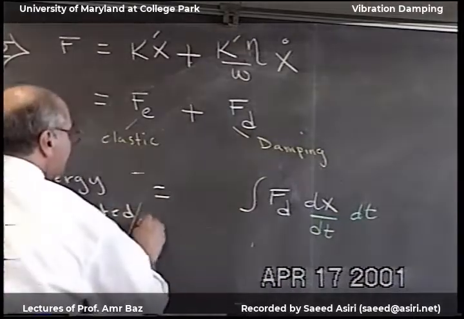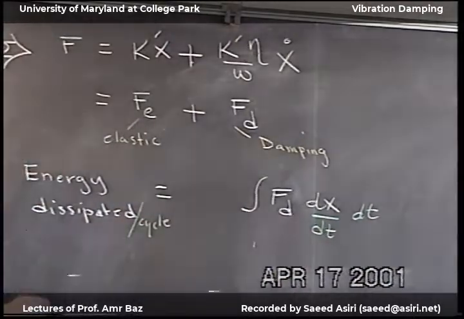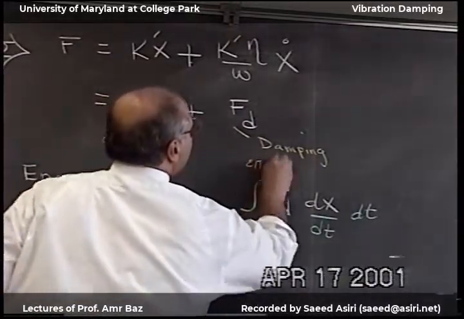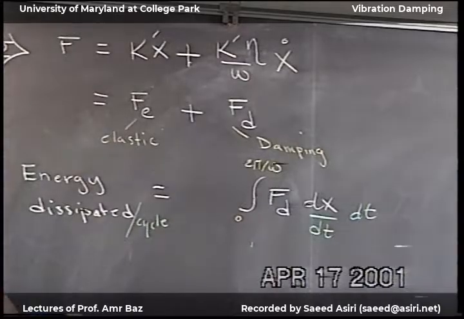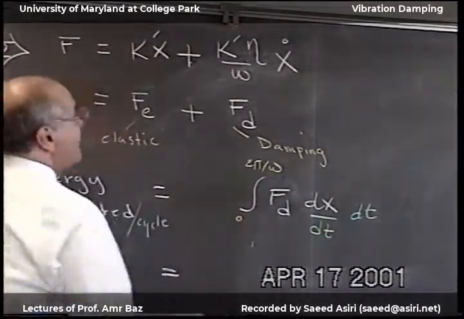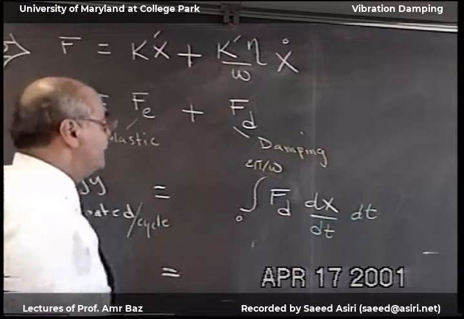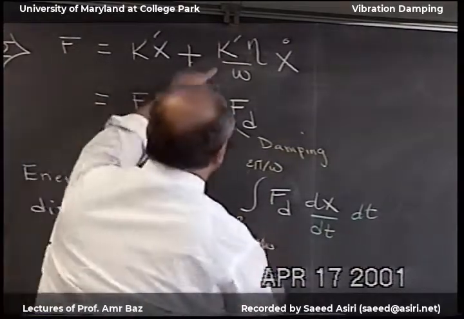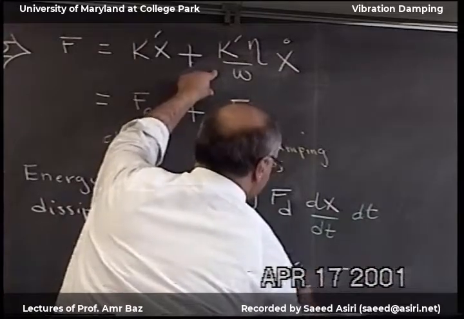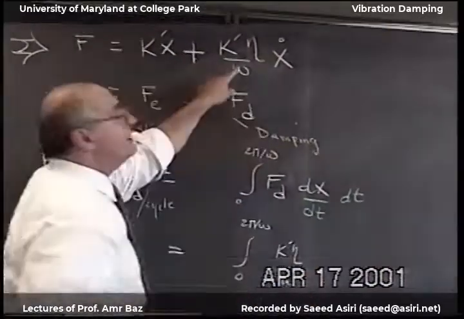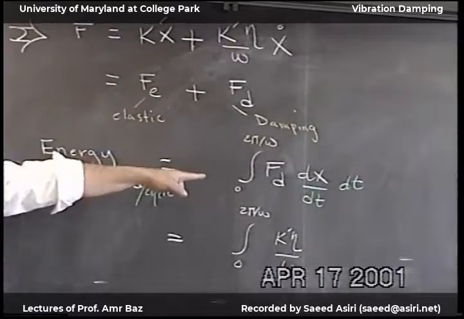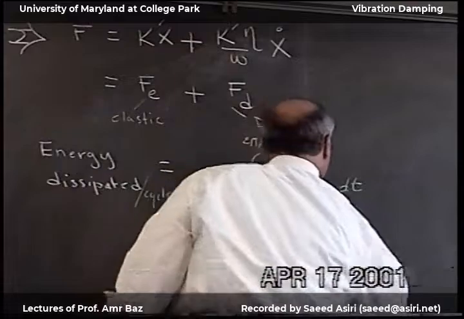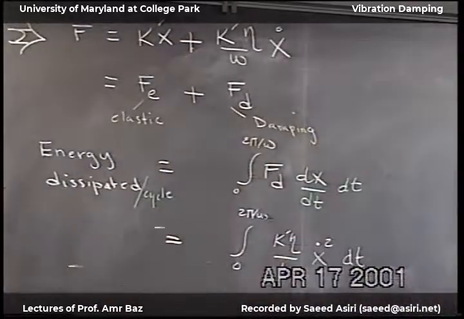Energy dissipated per one cycle, so this will be from 0 to 2 pi over omega. Now we replace Fd from here. Fd is k bar eta over omega and x dot, so I have x dot squared dt.